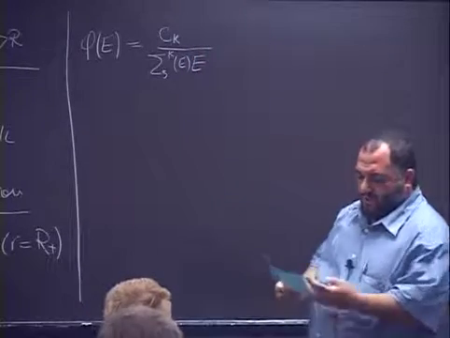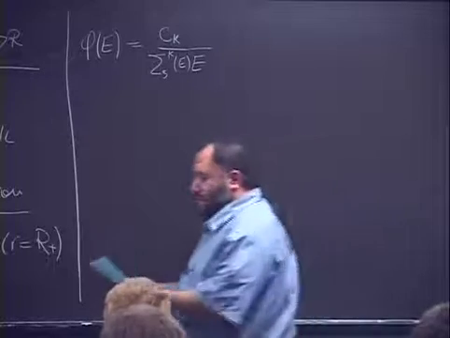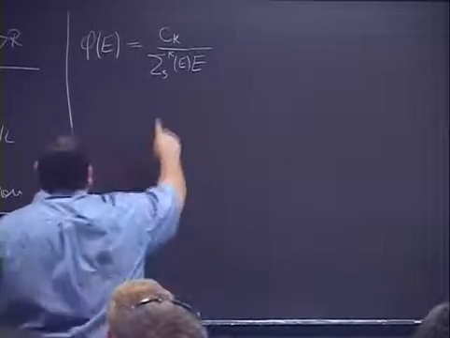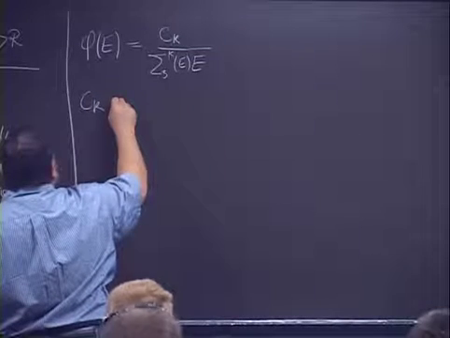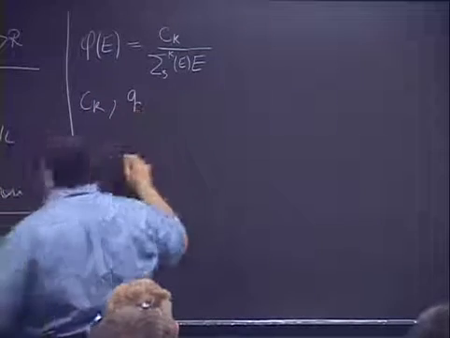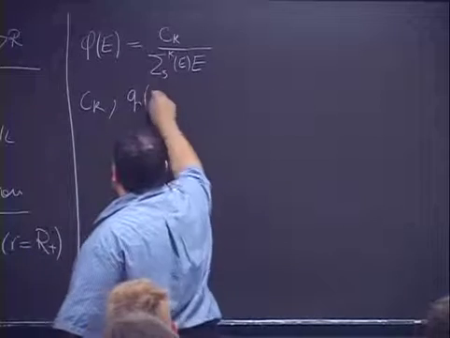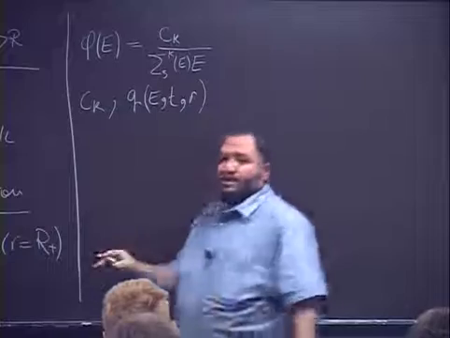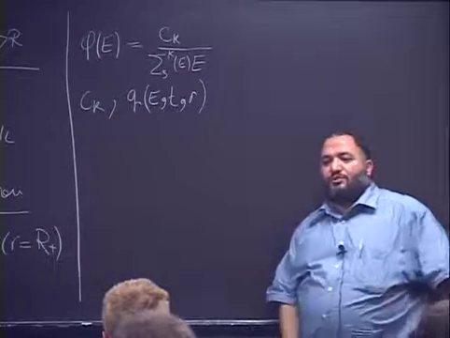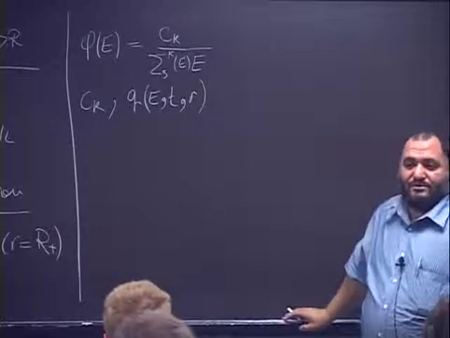Okay, guys? Now, how can we relate this Ck to the slowing down density Q of E, T, and R? Who knows what the Q is?